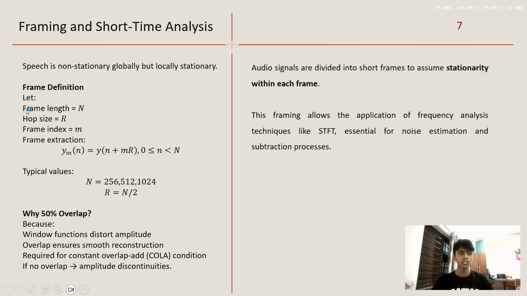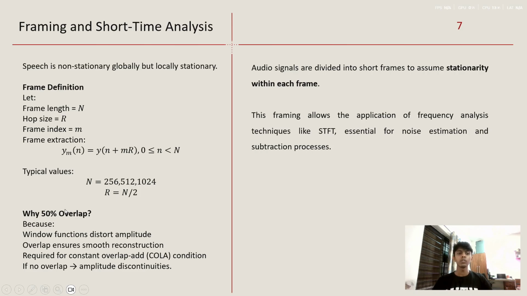Here, the frame length we will assume as N, the hop size is R, which is the overlapping of the frames, and m is the frame index. The frame extraction equation would be something like this. Typical values of the frame length would be 256, 512 or 1024. In this case, we will take the hop size to be 50%, which is N by 2, 50% of the frame length.